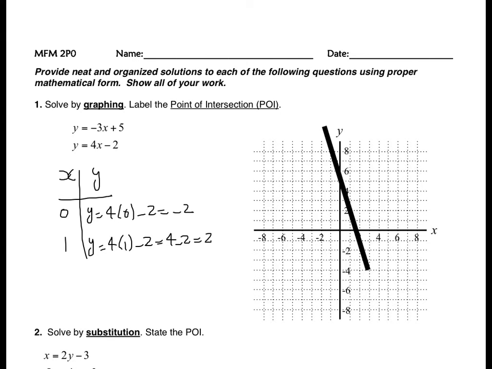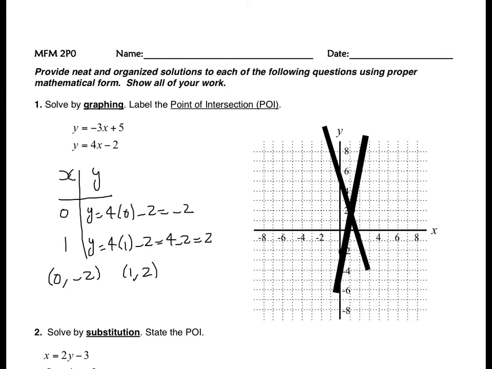So this means that I have to plot the 2 points, 0 and negative 2, and 1 and 2 on my graph. 0 and negative 2 is going to be a point around here, and 1 and 2 is going to be a point right over the line. And then I'm going to draw the line using my ruler.